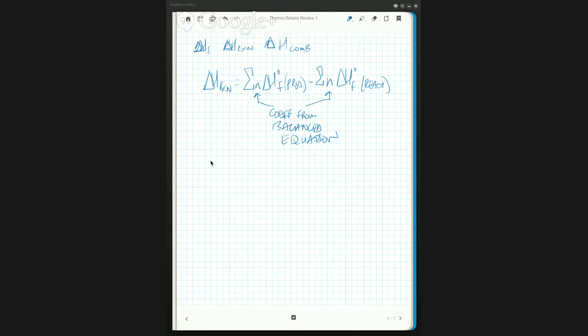So if I have C6H5OH plus 7 O2 yields 6 CO2 plus 3 H2O, what's happening here is that the delta H of this reaction is the same thing as the delta H of the combustion. This is a combustion reaction. They're the same thing. So really, this is interchangeable when you're talking about this.